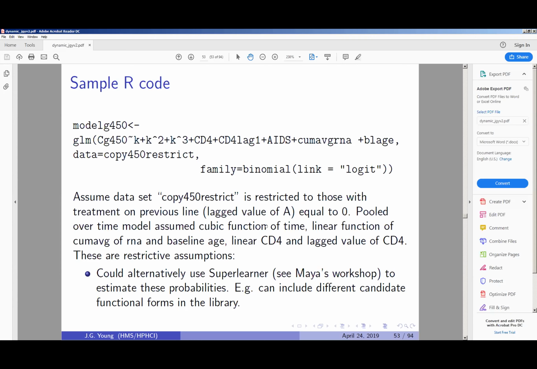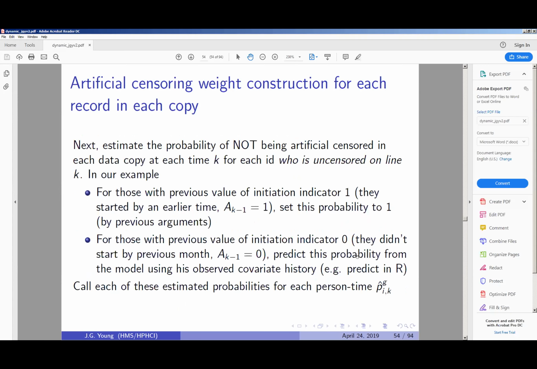So based on what Maya was talking about, to estimate these probabilities you could include different candidate functional forms of a parametric model or different types of machine learning algorithms. Of course, in this case, we don't have the optimal properties that TMLE has with machine learning, but you could use it, and people have found in practice that it can be useful.